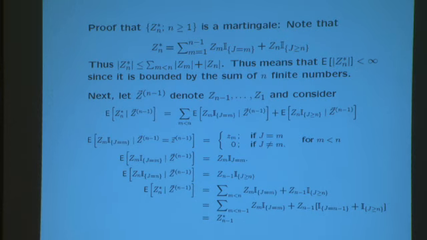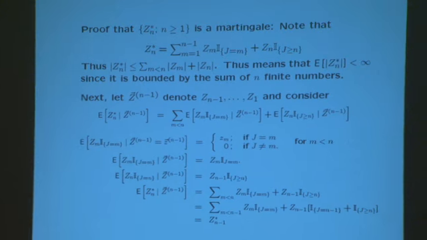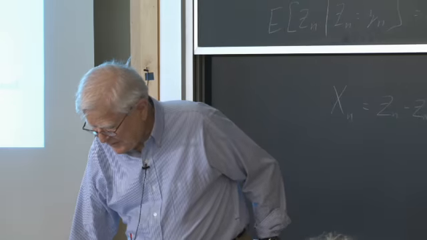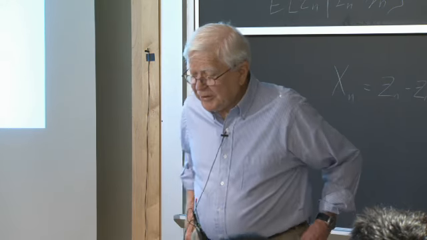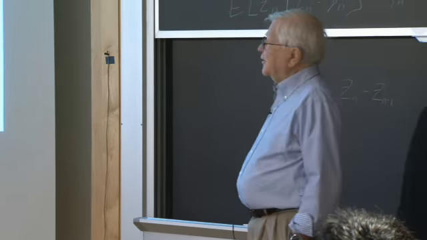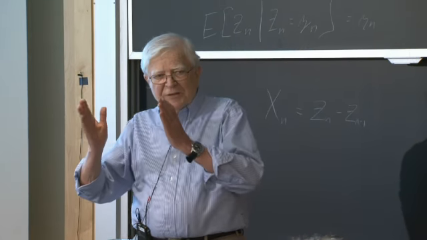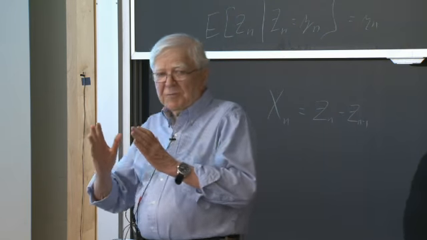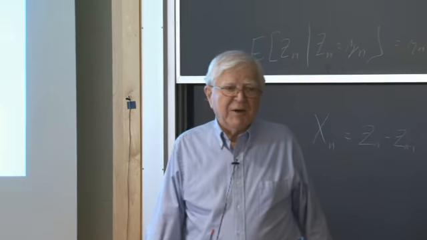I see a lot of blank faces, but this is the kind of thing you almost have to look at twice. So we'll let it go at that. So this shows that the expected value of Z sub n star, given the past of the original process, is equal to Z star n minus 1.